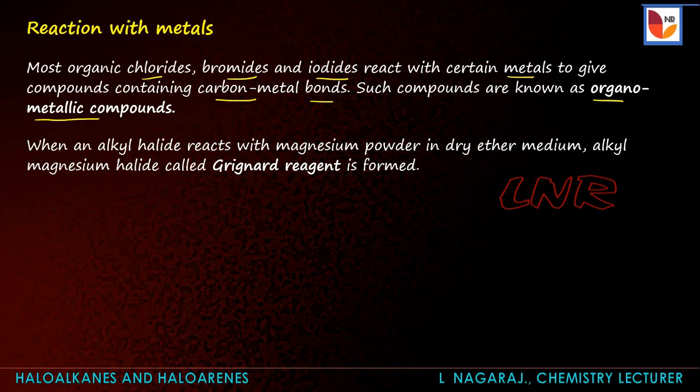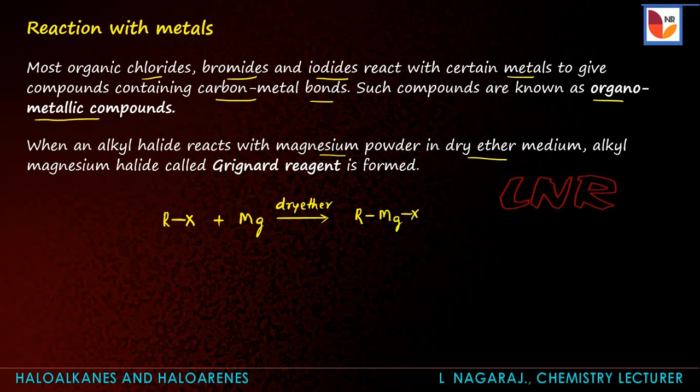For example, when alkyl halide, represented as RX, reacts with magnesium powder in the presence of dry ether, it gives an alkyl magnesium halide, that is, the obtained product is RMgX.